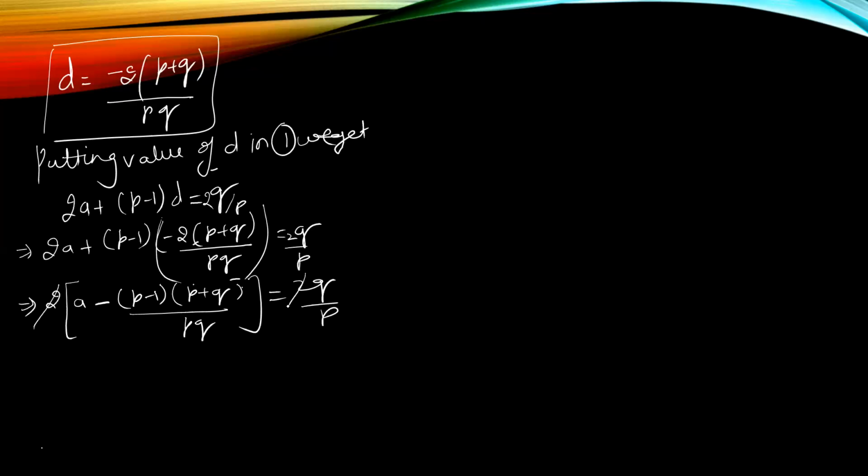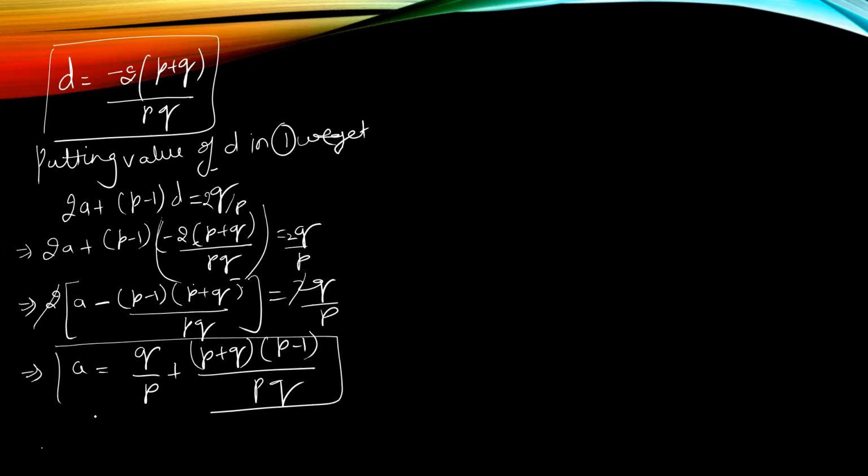Taking 2, as you can see, it gets cancelled and we'll get the value of a, which is q by p plus q into p minus 1 over pq. So now we have value of a also.